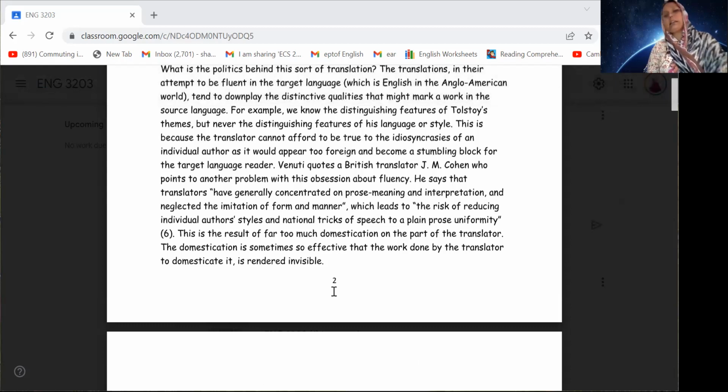Domestication মানে কি? That is writer, the translator think about this translation should focus on author to the reader. Authorটাকে should go to the level, author's writing should go to the level of the readers.